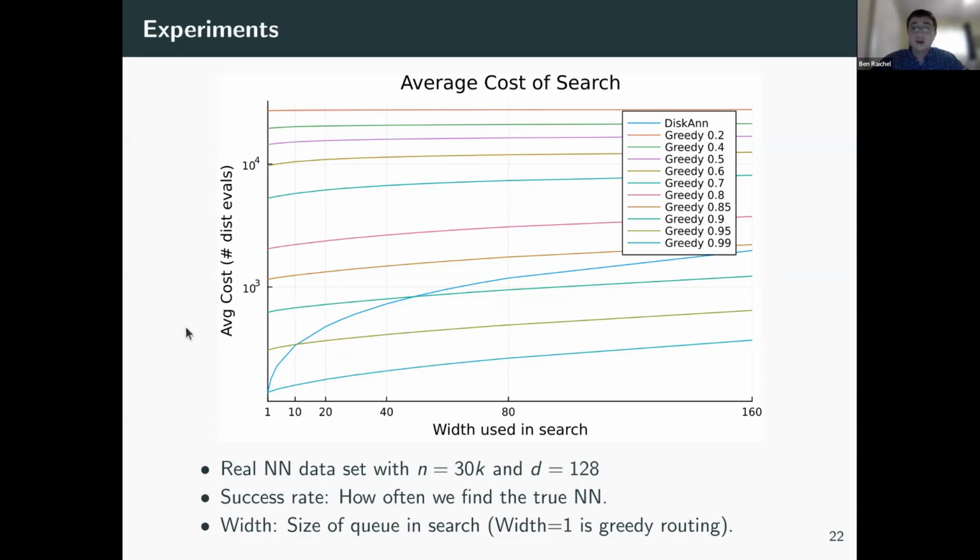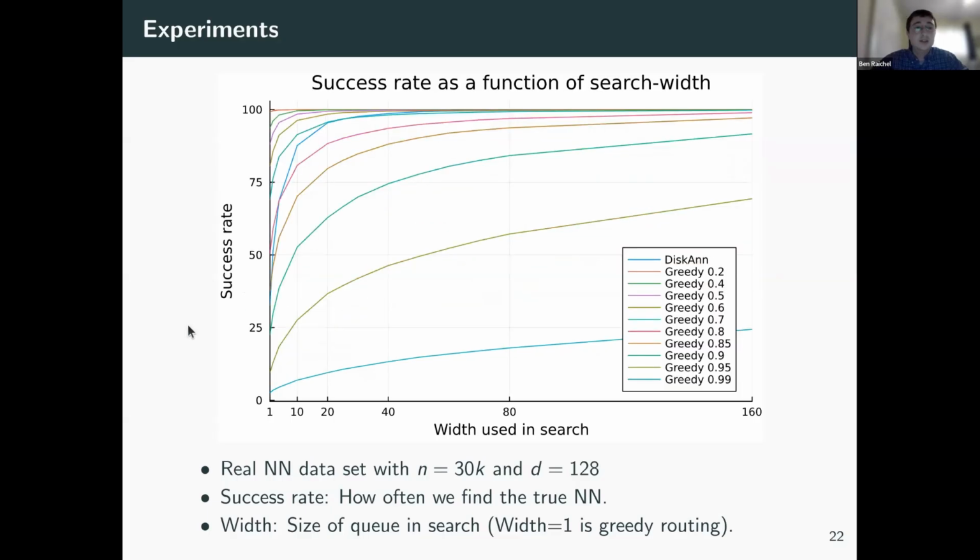So I think what these results are showing is that we're getting a navigable graph, which is great, but there's still some disconnect with what's really going on with DiskANN. Why is it performing well in practice? It's maybe not because it's producing a navigable graph. There may be something else going on there. So I think this is saying that the theory and practice aren't really matching yet.